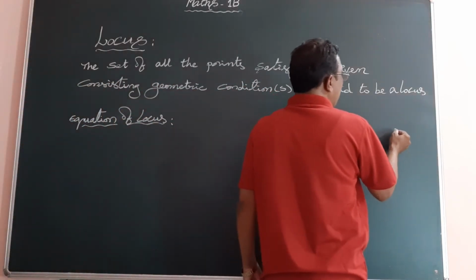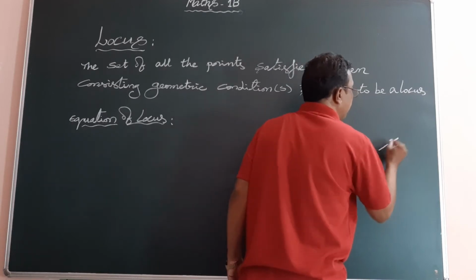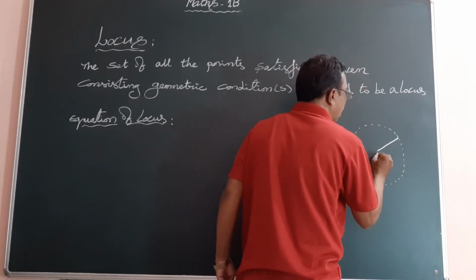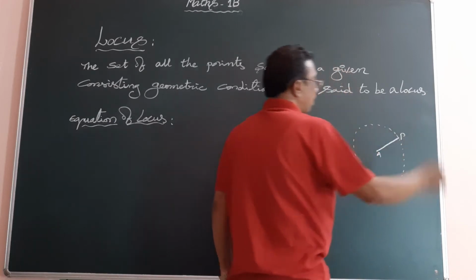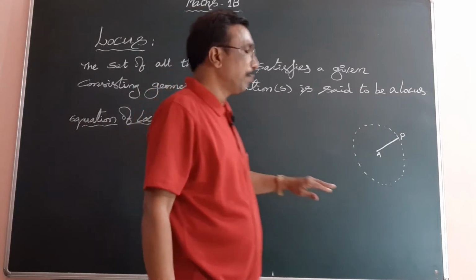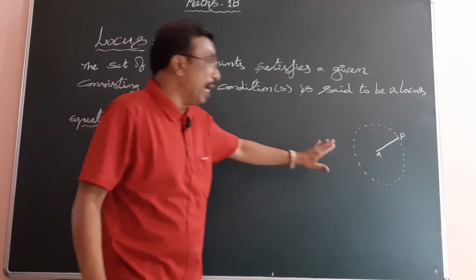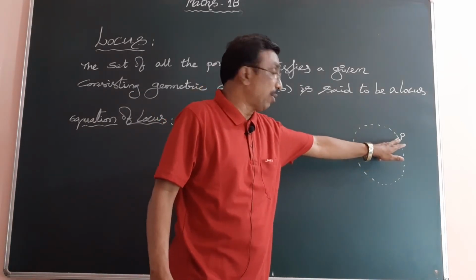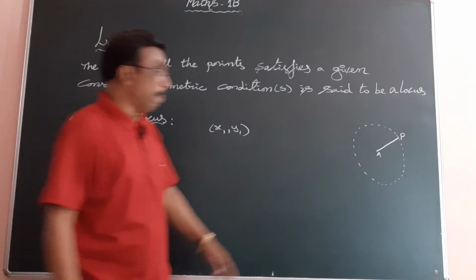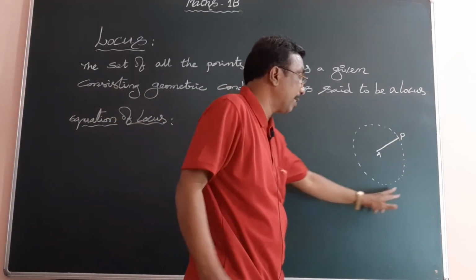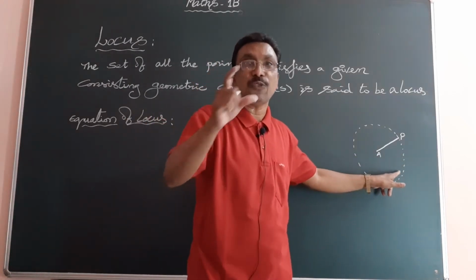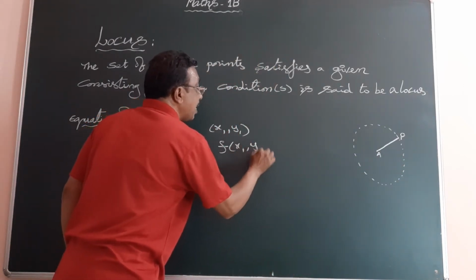Now, observe the previous circular path, A, P. If every point, now we take one point x1, y1, in a locus satisfies the condition f of x1, y1 equal to 0.